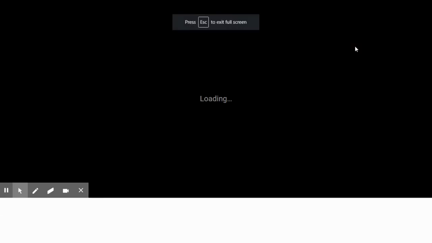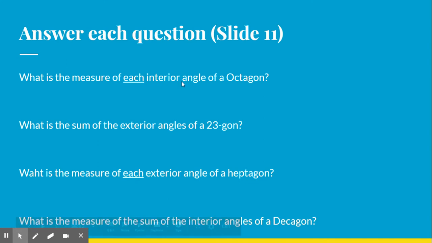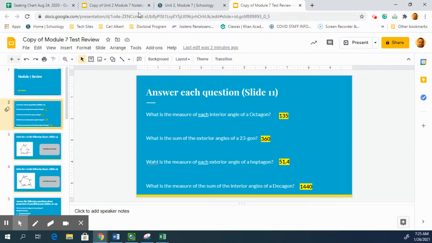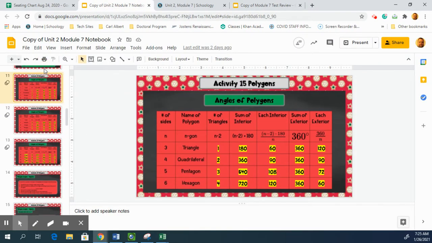So the first question says, what is the measure of each interior angle of an octagon? So if I go to my notes, now slide 11 doesn't really have octagon on there, but if I go to the next slide, there's octagon.